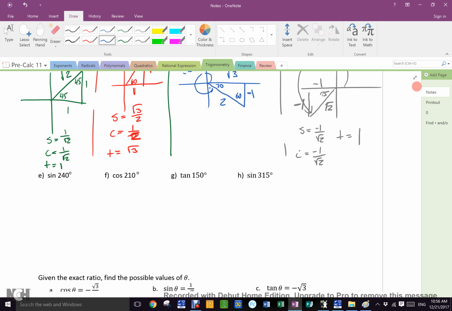If you totally don't know how to start, I will draw them for you, but not put in any numbers. Computer's frozen.